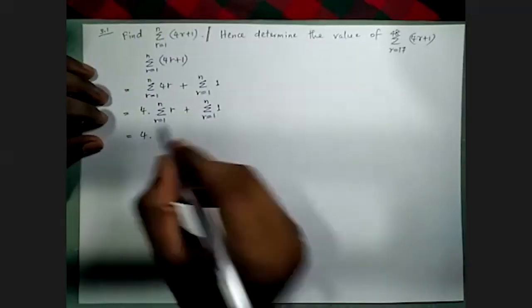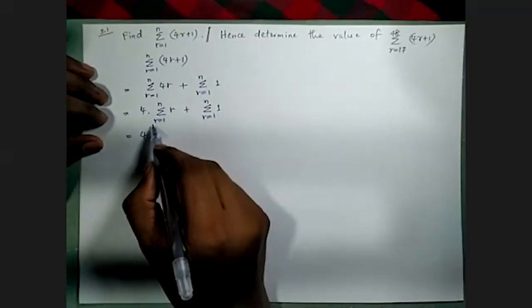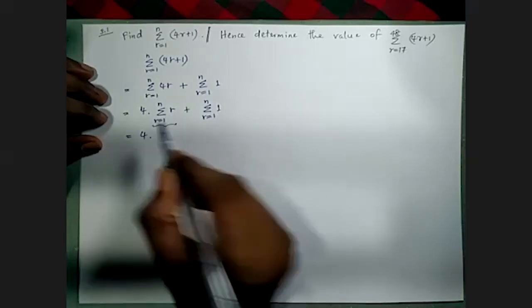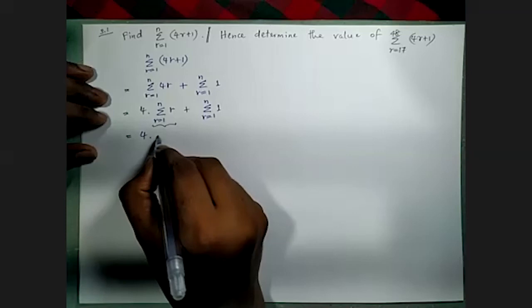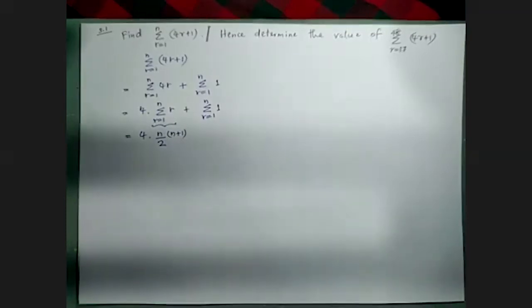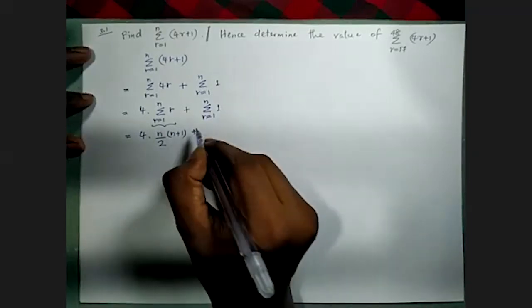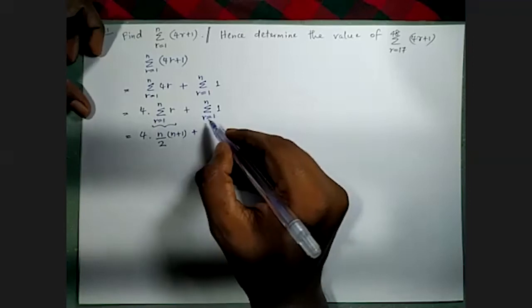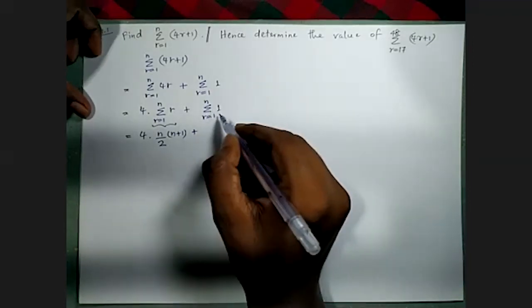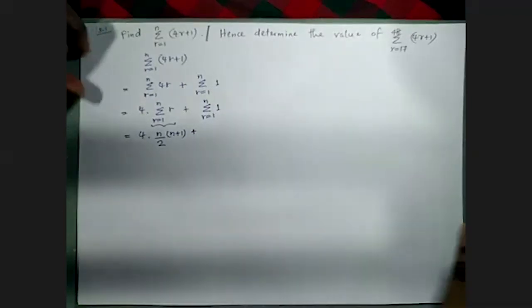Then 4 times, what is this? Sigma r equals 1 to n of r. This is our first theorem. What was the answer? n by 2 into n plus 1. This is from the theorem, direct application. Plus, then what is sigma r equals 1 to n of 1? Sum of first n terms, general term is 1.